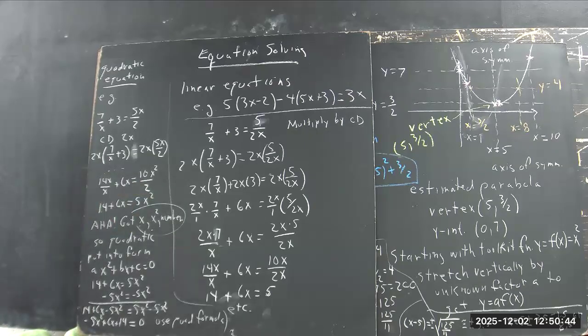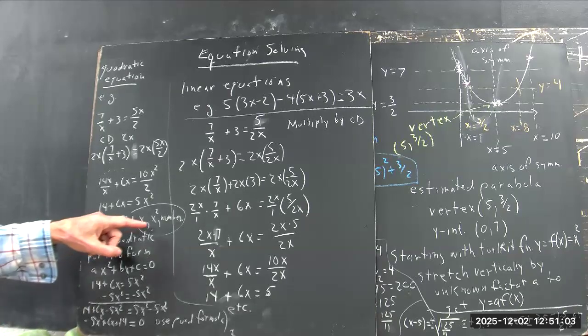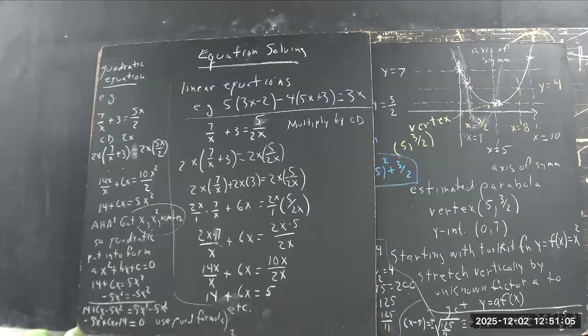At this point, if you're thinking linear equations, you might get misled and you might go around in circles trying to solve this thing. You might even get a solution using techniques for linear equations, but it's going to be wrong. Okay? It's a quadratic equation. I say here, aha, we got x and x squared and a number.